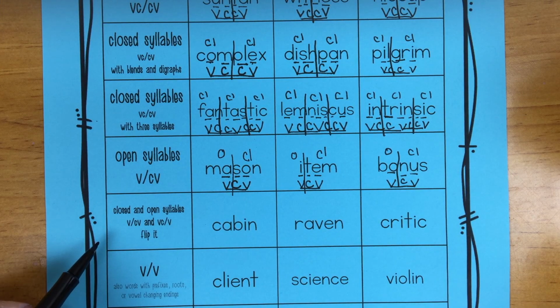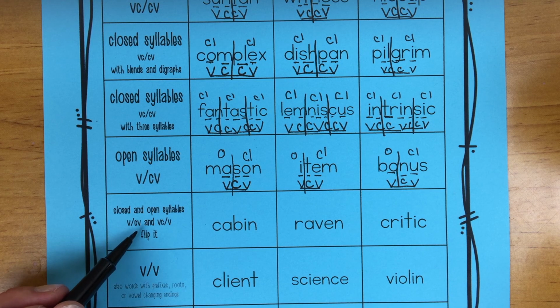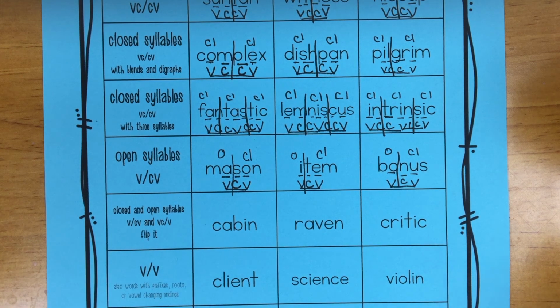Our next set of words have the vowel, consonant, vowel pattern. However, sometimes the first syllable is open and sometimes the first syllable is closed. This is where our students will need to use a flip it strategy to find out which sound the vowel will make.